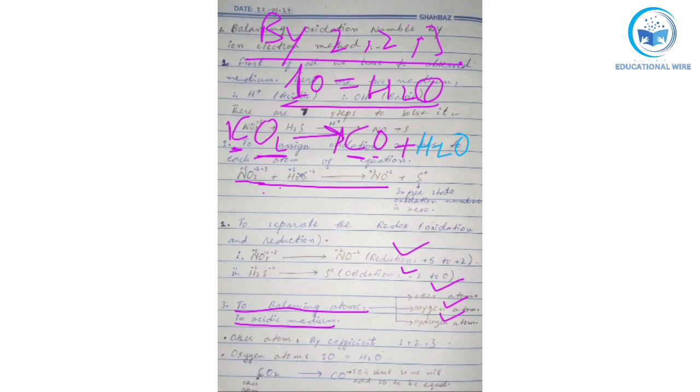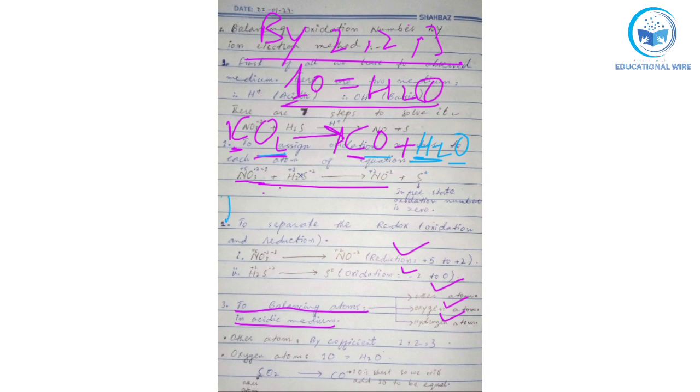But now O and O, 2O, here is also 2O, but how many hydrogens are here? Two hydrogens over here. So we will use the hydrogen atom, that is the third balancing atom. In hydrogen atom, if any side has a shortage of hydrogen, we add hydrogen to make the equation balanced.